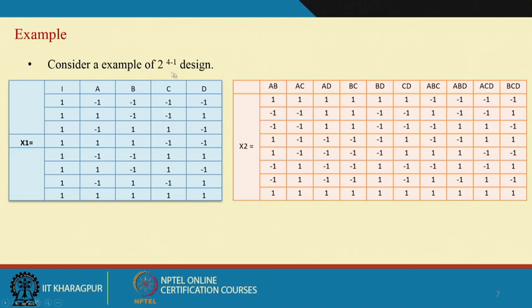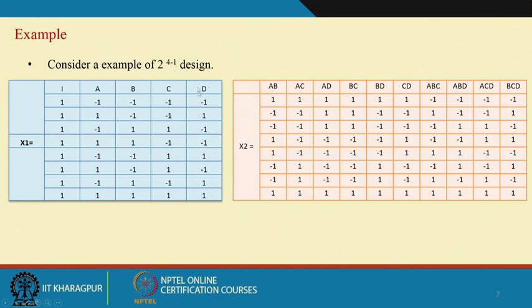Now, let us see another example. Suppose you are considering the 2 to the power 4 minus 1 design. Here there are 4 factors a b c d, and you also know that a b c d will be I. If you consider that d equals a b c, then a b c d will be I. In the same manner, if you multiply this you will get this design.